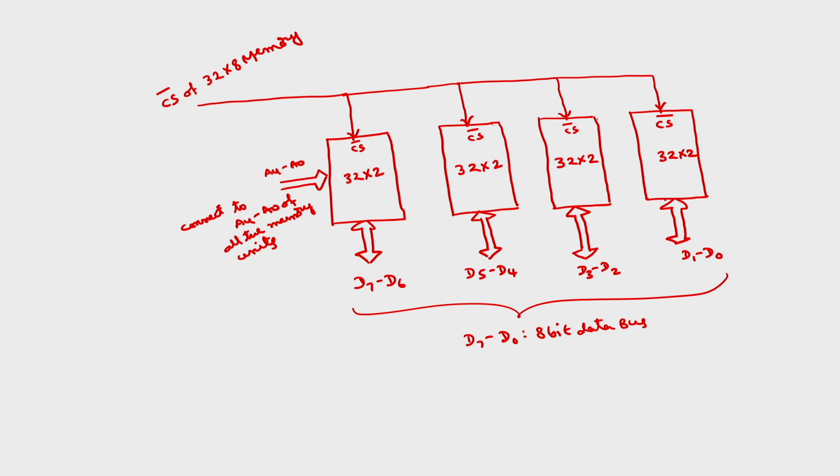Now, how to expand both address and data lines. Overall this will act as a 32 by 8 memory. Address and data expansion.